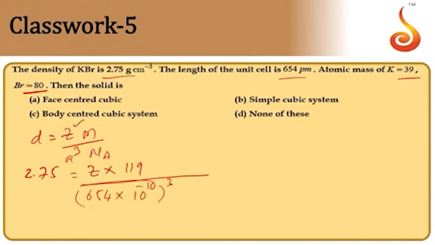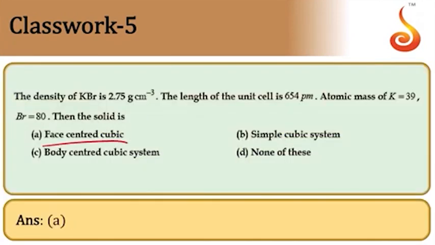The whole cube into Avogadro's number, 10 to the power of 23. So it must be simplified further to get the value of Z. So therefore Z comes to be close to 3.9 in the calculations, nearly equal to 4. Z is 4 for the face-centered cubic form. So it is face-centered cubic, and the answer is A. So we have substituted the data in the density formula and got A as the answer.